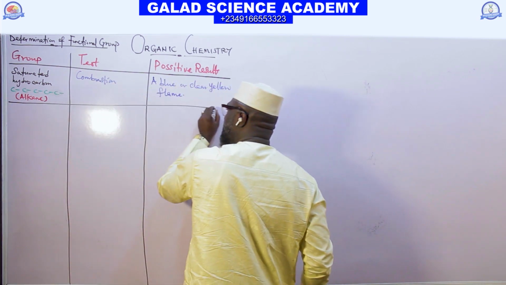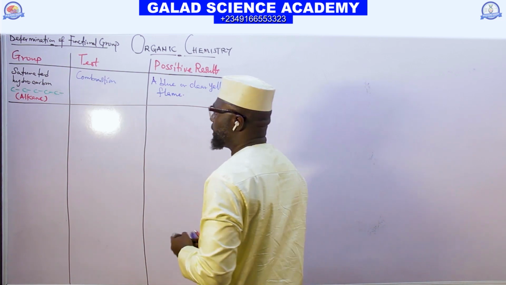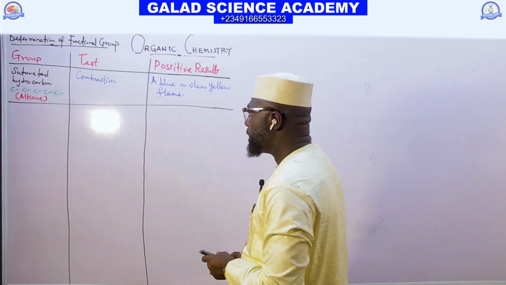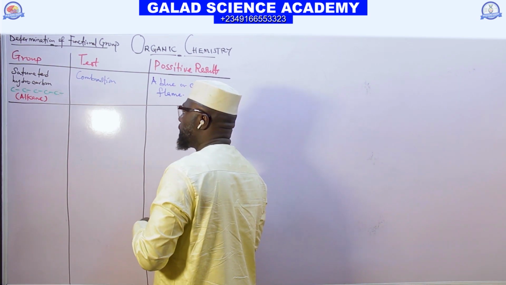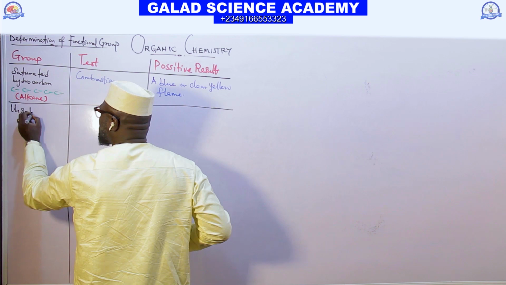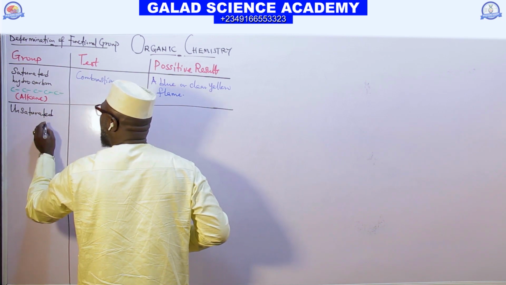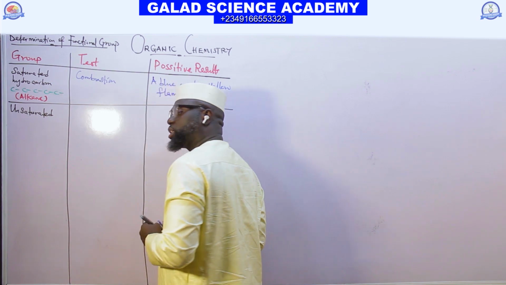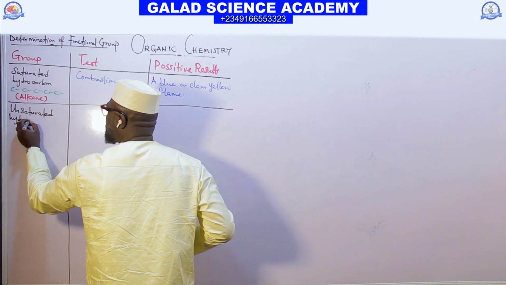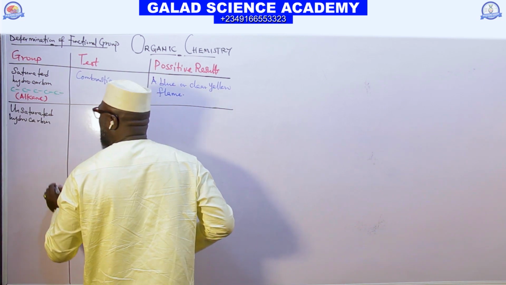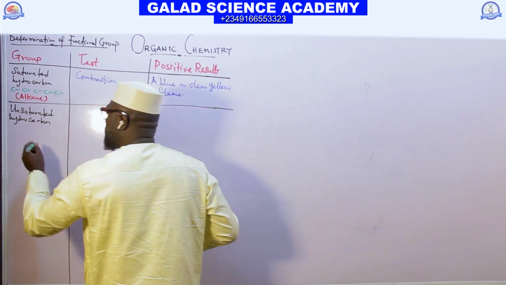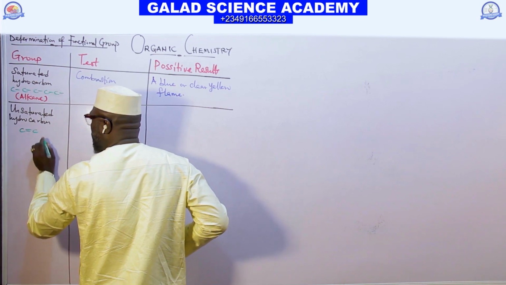And the next family we are going to test for functional group is unsaturated hydrocarbon. Unsaturated hydrocarbon is a compound that has a carbon-carbon double bond.